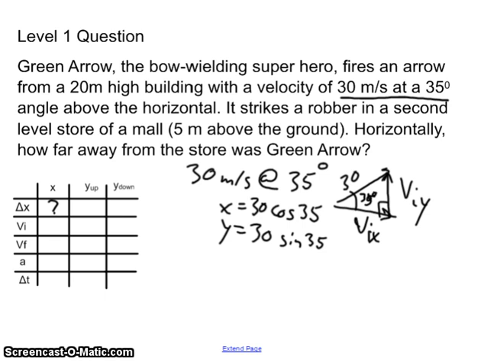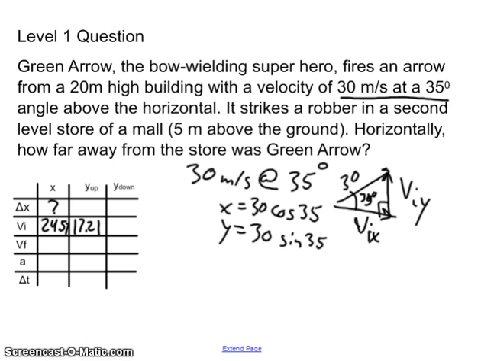This means that our vi in the x direction happens to be approximately 24.57. I'll write that in on my chart here. And my vi y is in fact 17.21. Now that goes in the y up because we start our path in the upwards direction, and we put that there.